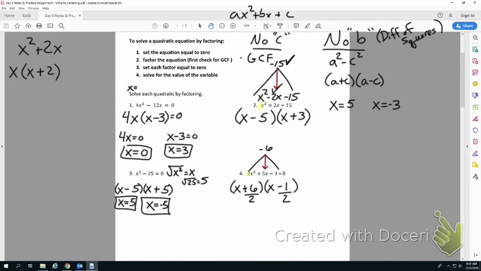If this was 3x squared, I'd be dividing by 3. Then I try to see if they divide evenly. Does 6 divided by 2 come out evenly? Yes. Does 1 divided by 2 come out evenly? No. So I'm going to take that 2, and it becomes the coefficient of x.